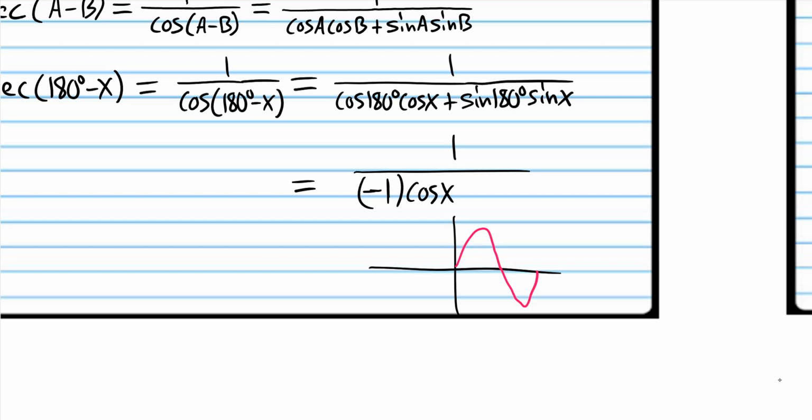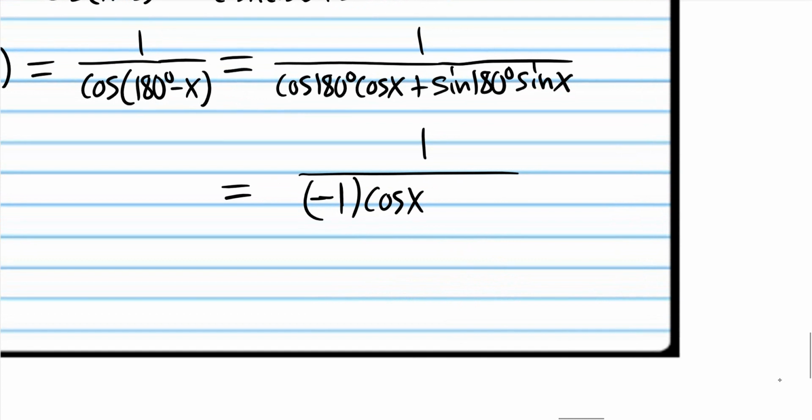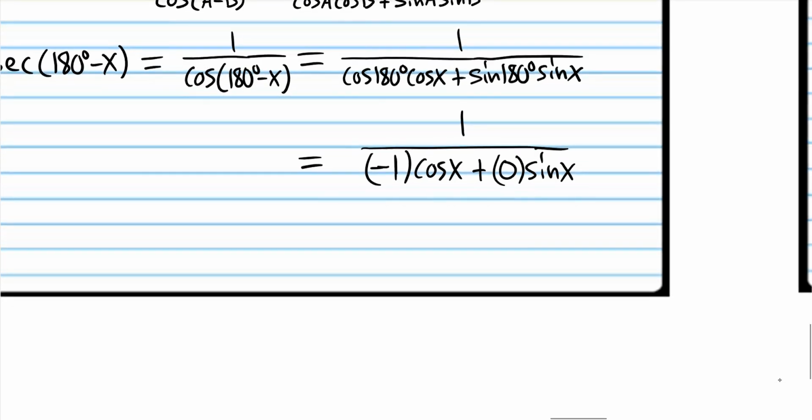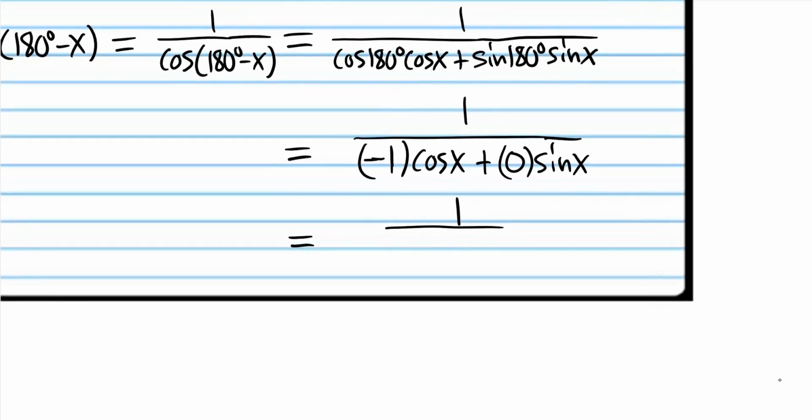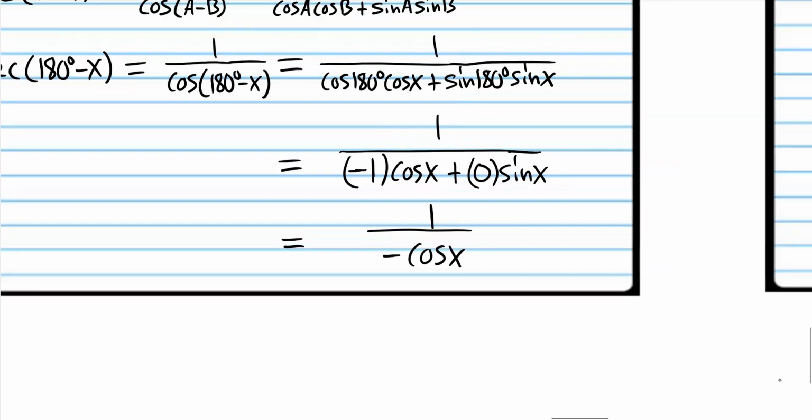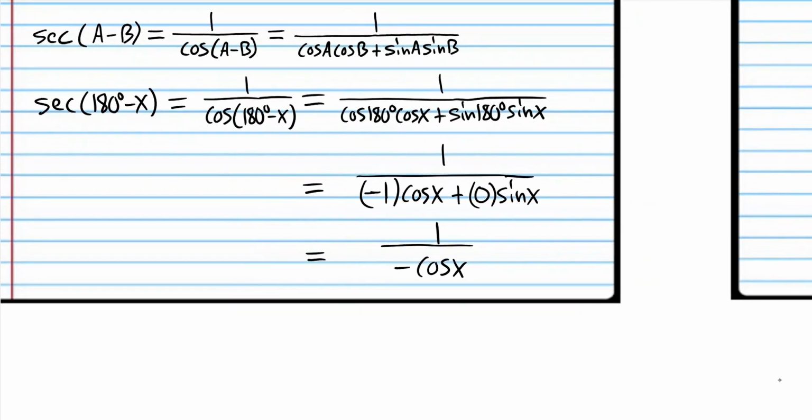So we go out 90 degrees and 180 degrees, 270, 360. So right in the middle is 180. That's 0. So sine 180 degrees is 0. And again, you can use this method to derive every formula that we did today. So we end up with 1 over negative cosine x.